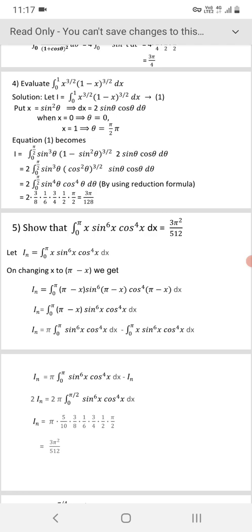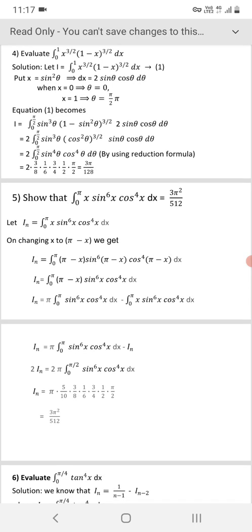Now let us take the right hand side, let In be equal to the given integral. So on changing x to pi minus x in the left hand side of the integration, it becomes like that.